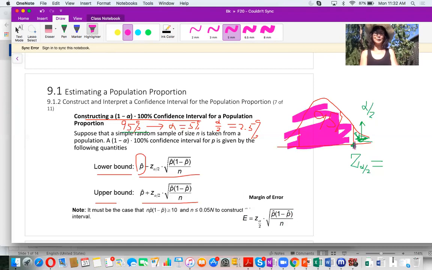So to find this point, we need to figure out what is the area to the left of this Z half alpha. Obviously this one is 97.5% because the little right tail area is 2.5%. Okay, and this percent is the same as 0.975. So we know the area to the left is 0.975. Go Excel.